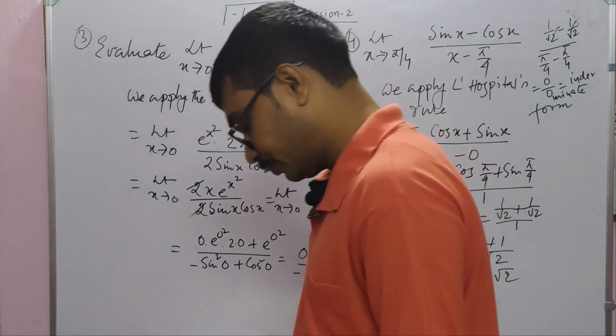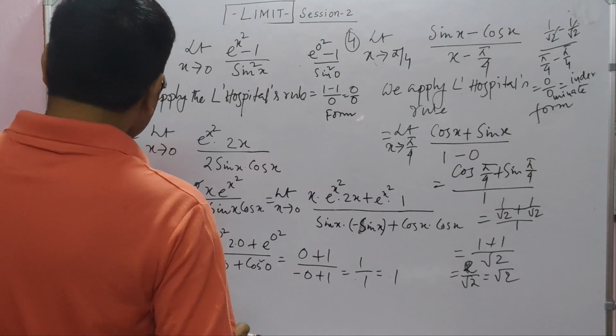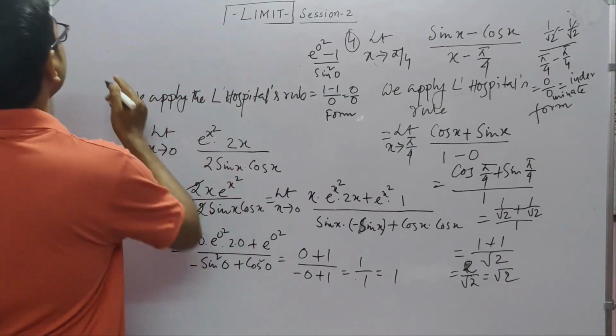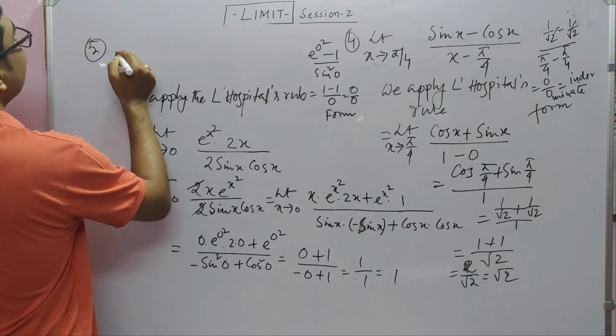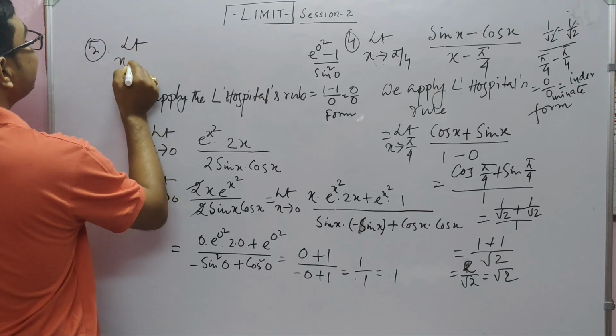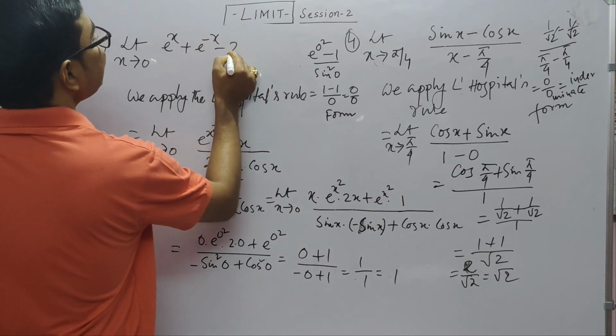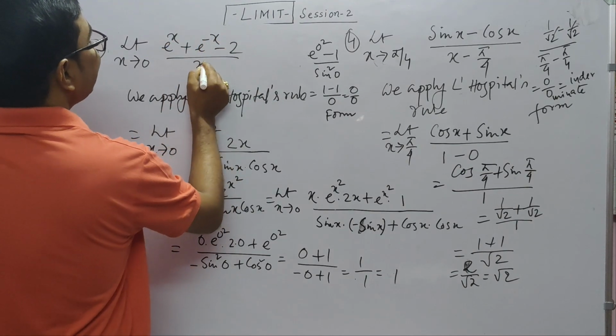Next, number 5. Evaluate the limit x tends to 0 of e to the power x plus e to the power minus x minus 2 by x.